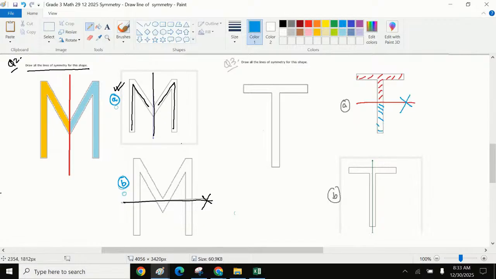No. But if this line was vertical, then this part of the shape equals this part of the shape. That means option B is the correct option, right? And once we draw the line of symmetry, we can always say this, the line of symmetry has to pass through the center of the shape, where the right side of the shape would always be equal to the left side of the shape. Agreed?